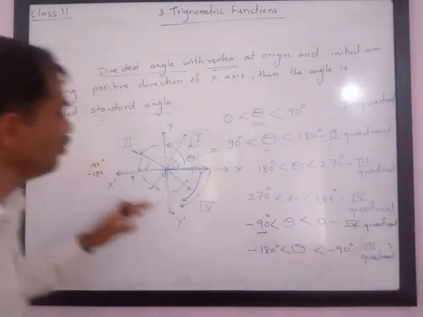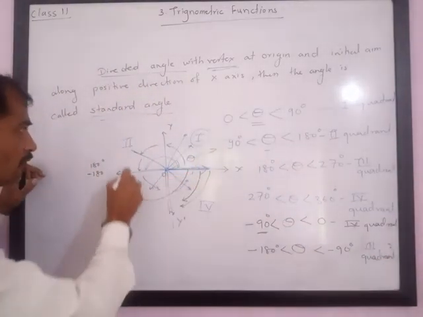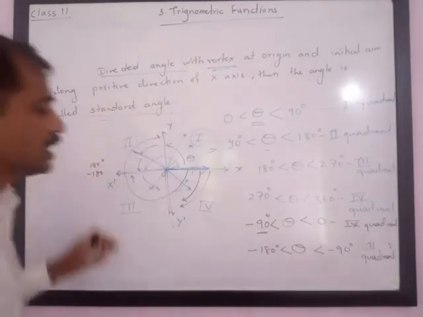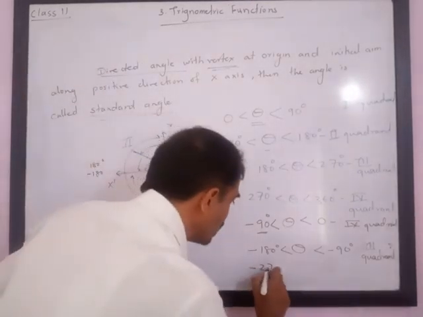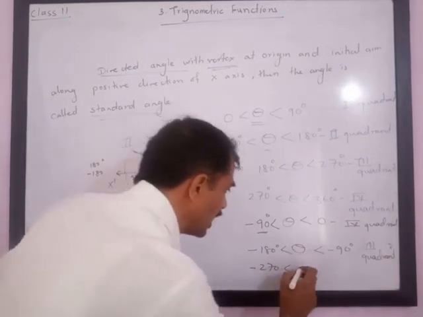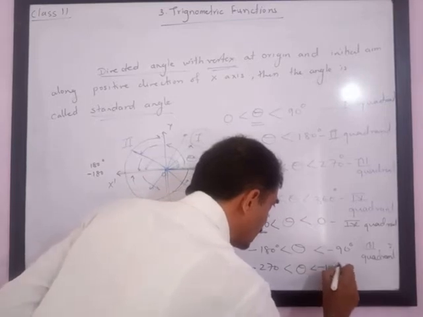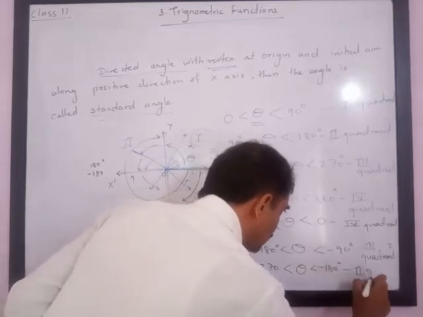Next, if theta is greater than negative 270 and less than negative 180 degrees, then it lies in the second quadrant.